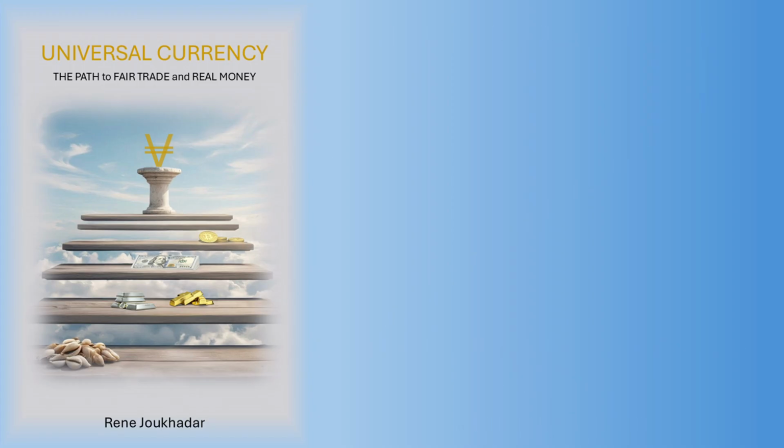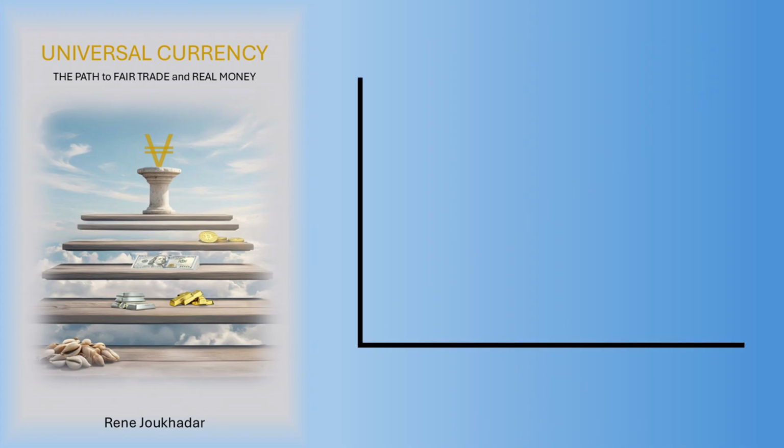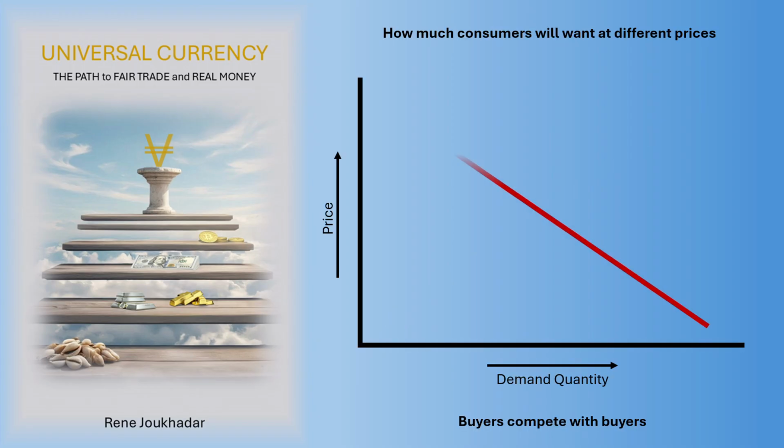The demand curve will show us something similar. As the prices decrease, the demand quantity increases, since things are cheaper and people buy more. And as the prices increase, the demand quantity decreases.